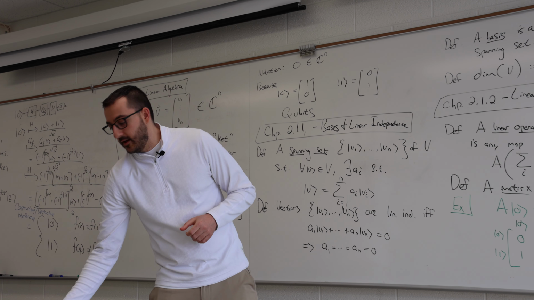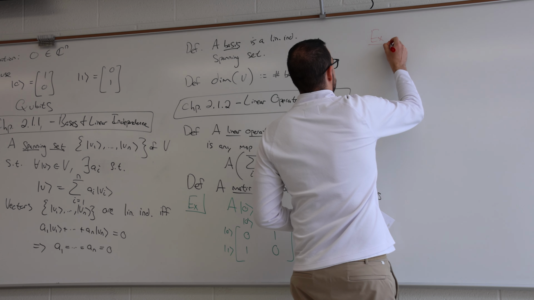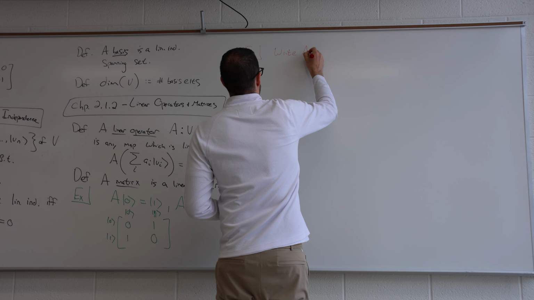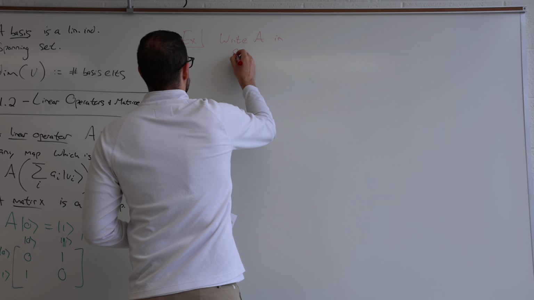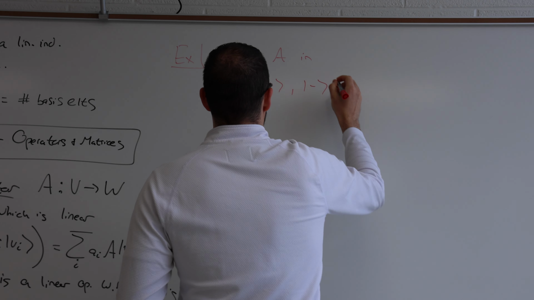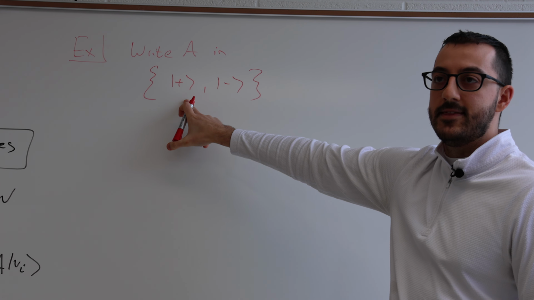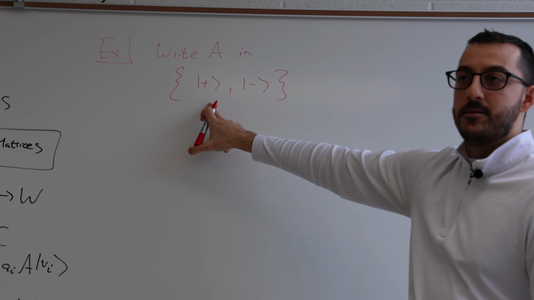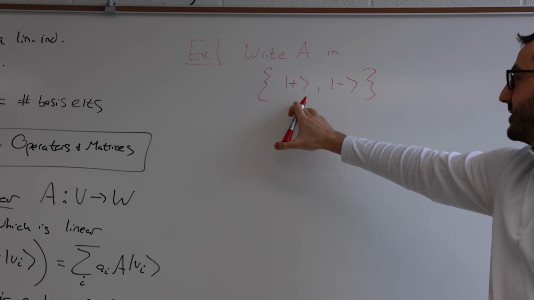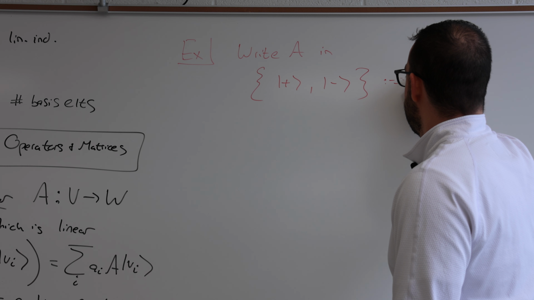Let me give you the following exercise to try. Write the same linear operator A in the following basis, which we'll see throughout the course as an important one. Plus and minus, very funny looking notation. Remember, I'm allowed to put anything in the ket that I want. It could be a plus sign, it could be a picture, it could be whatever you want. So let me define this for you though.